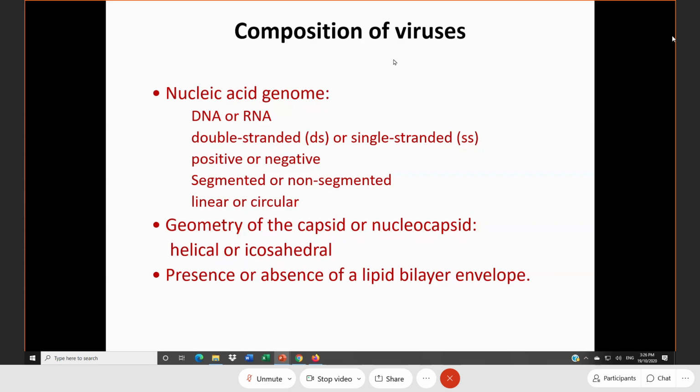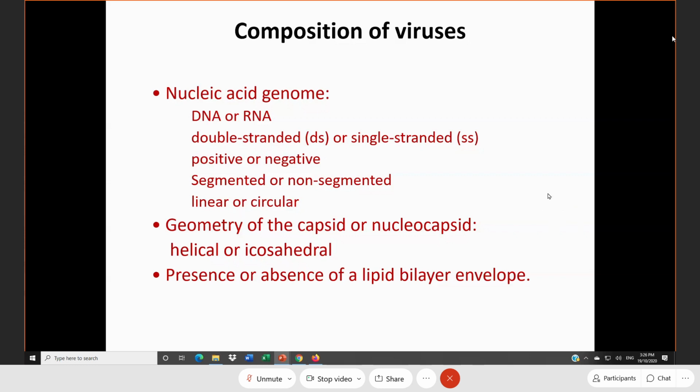And also the next one: some viruses have a lipid bilayer, and some don't. Remember the durians I mentioned to you? Many viruses have another layer outside of the durian shape, and that layer we call the envelope.